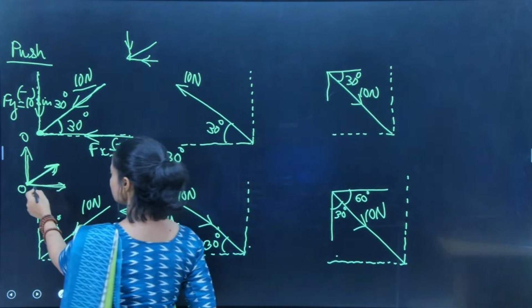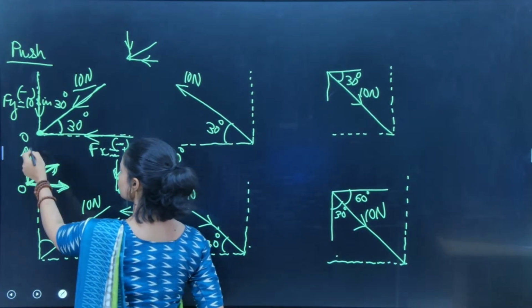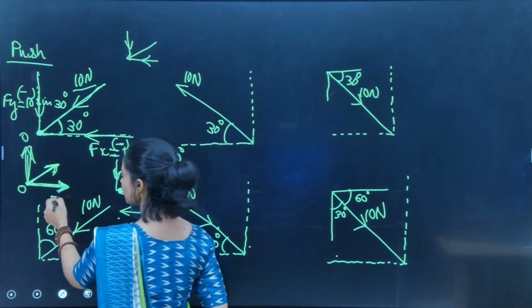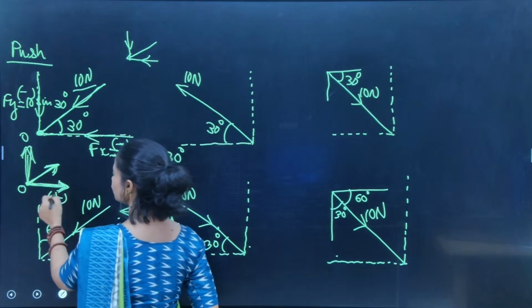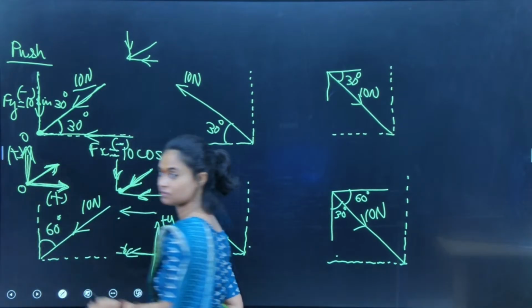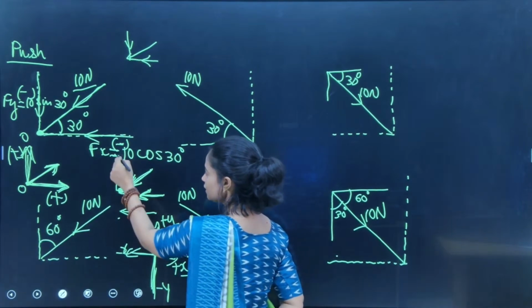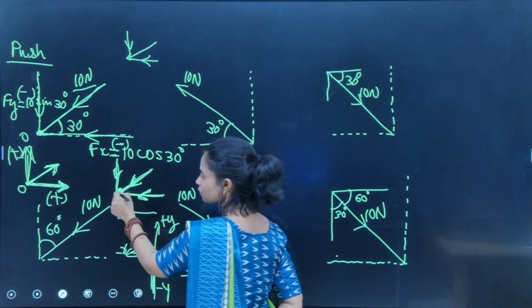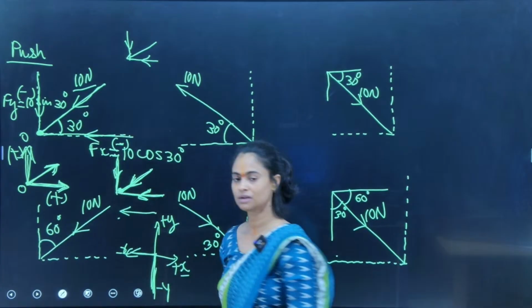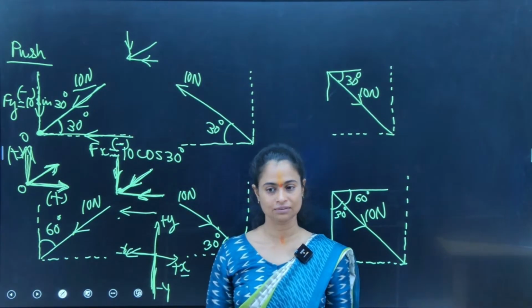In the earlier case, one component was going rightward and one was going upwards, so we took them positive. Both Fx and Fy we took positive. In this case, Fx is going leftwards and Fy is going downwards, so leftward and downward will be negative.